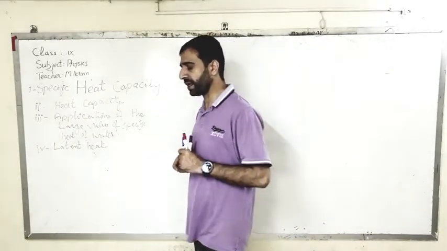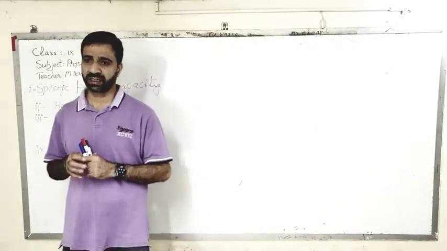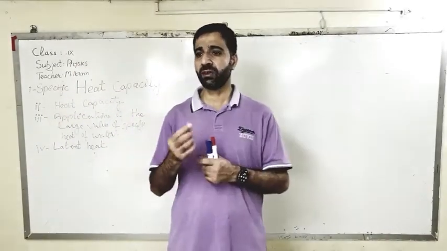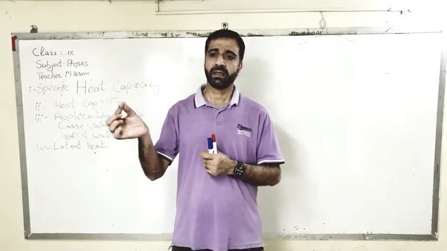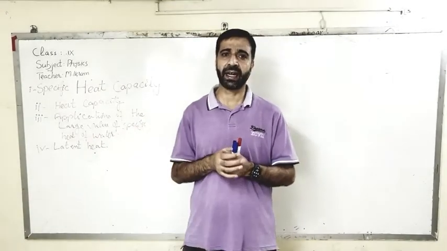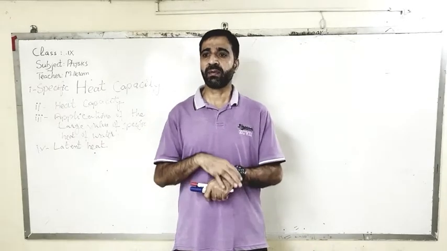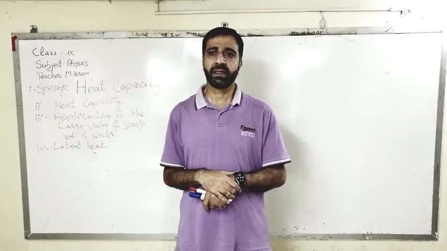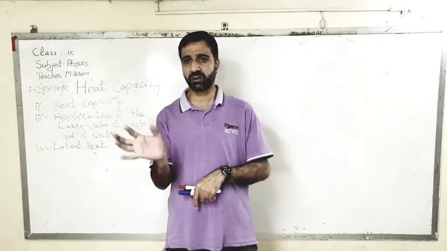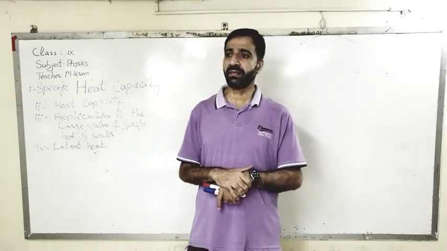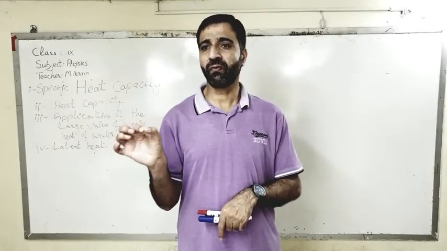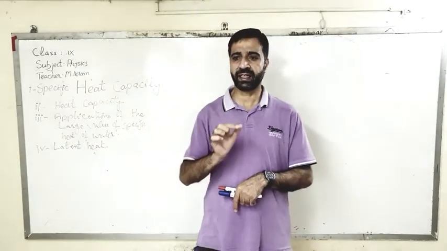Another interesting thing: if you place a steel spoon and water in a cup in the sunshine, and after 3 or 4 minutes you check, then definitely you will feel the spoon warmer than the water in the cup.